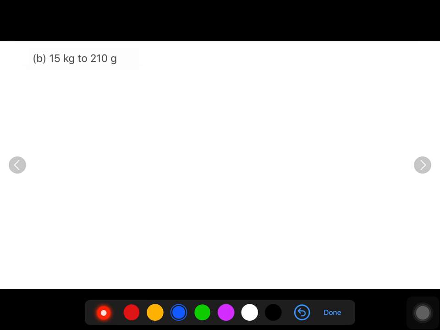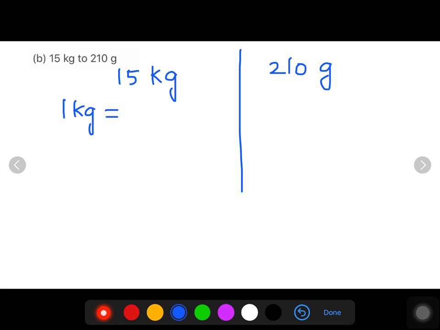Second question. Find the ratio of 15 kg to 210 gram. In the same way, we'll convert. The first quantity is 15 kilogram and the second quantity is 210 gram. Now 1 kilogram is equal to 1000 gram.